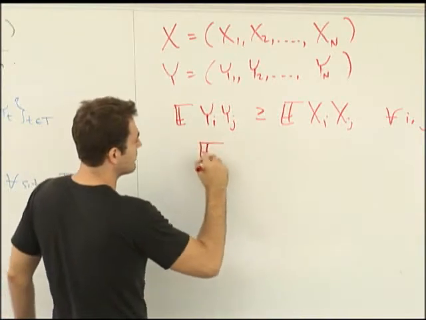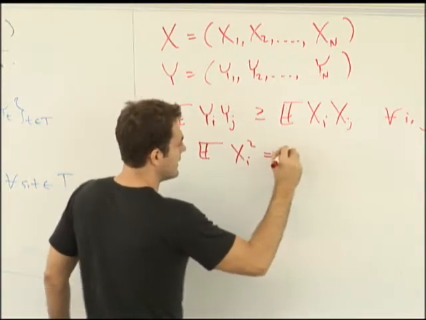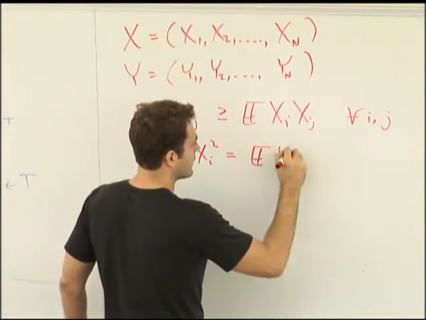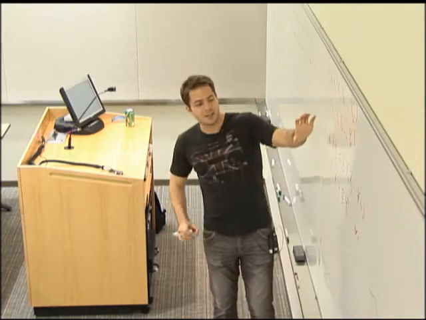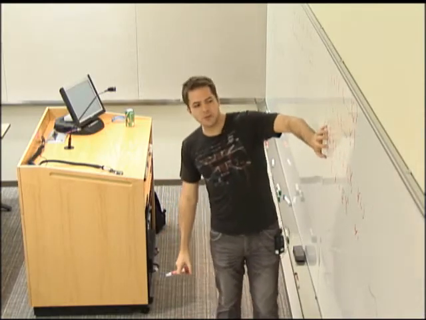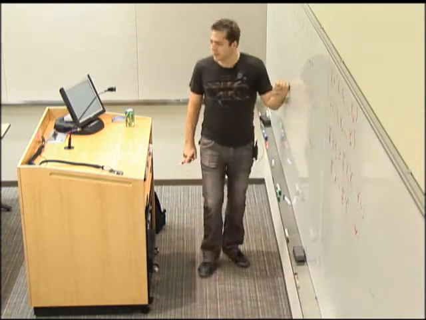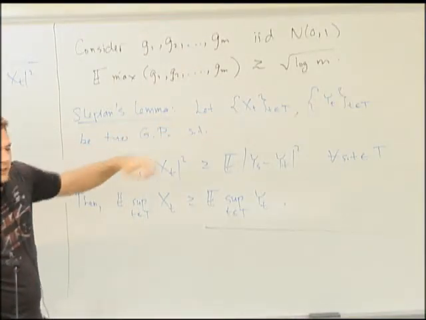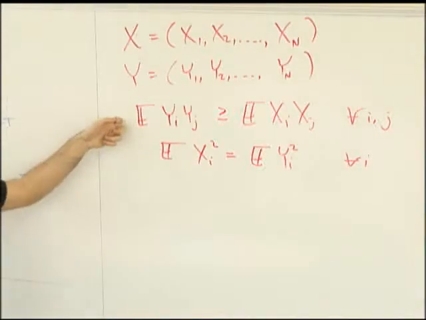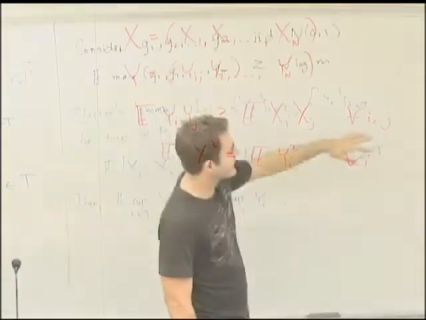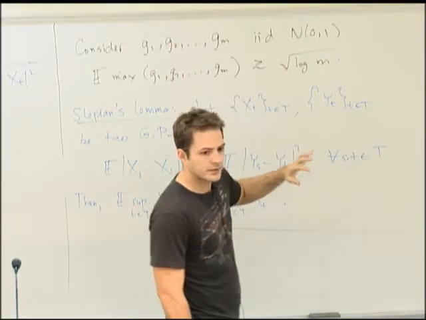And I'm going to assume that the expected value of xi squared equals the expected value of yi squared for all i. Certainly, given both these conditions, this is weaker than what's written in red, because this condition combined with this condition gives you this condition. It's only slightly weaker.